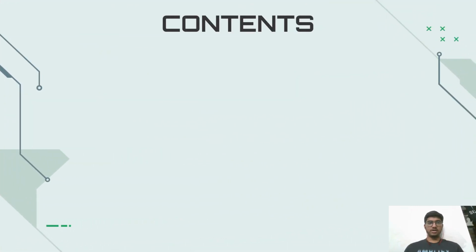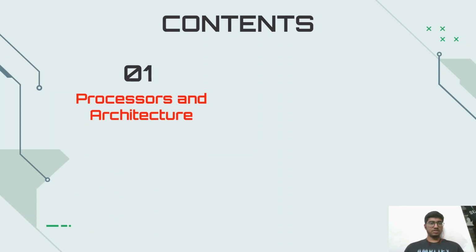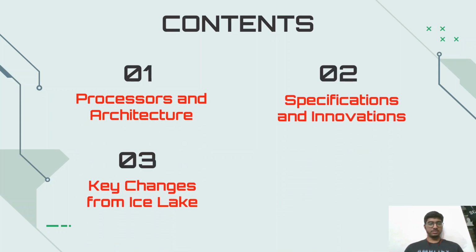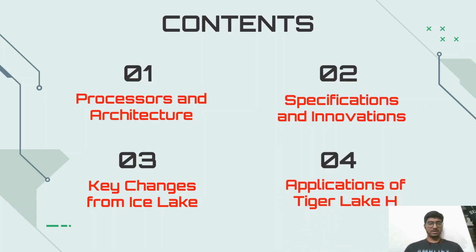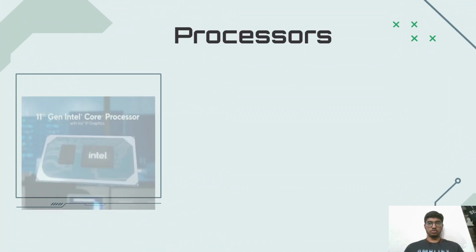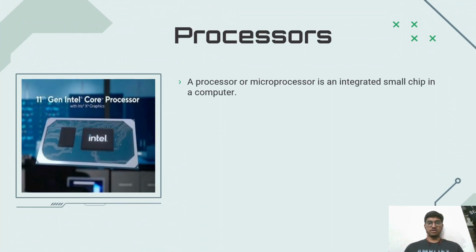Okay, so the content of this PPT is: processor and architecture, specification and innovation, key changes from Ice Lake, and application of Tiger Lake Edge. So what is a processor? A processor or a microprocessor is a small integrated chip in a computer.